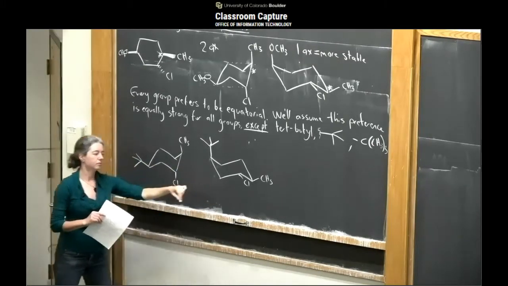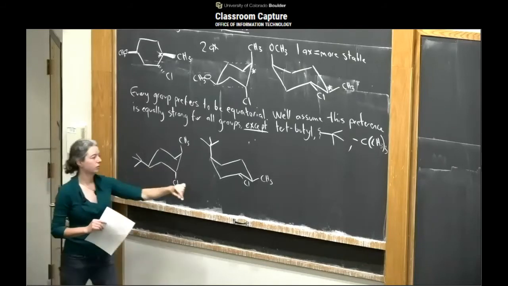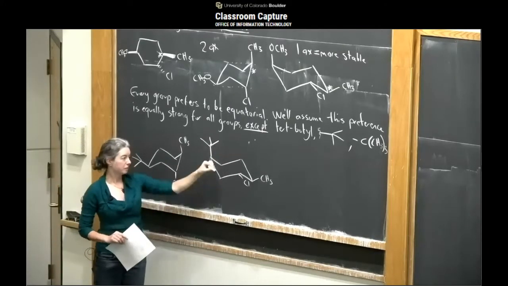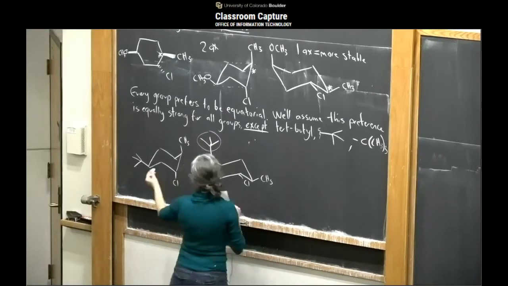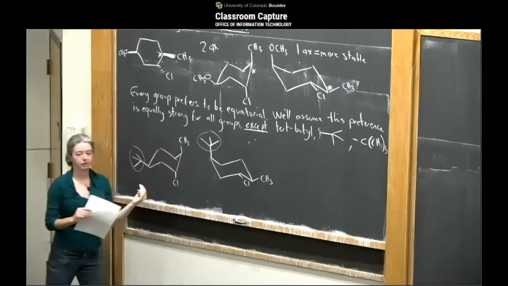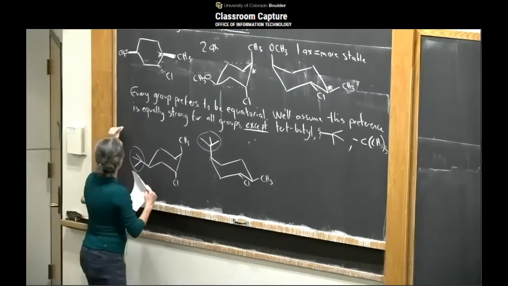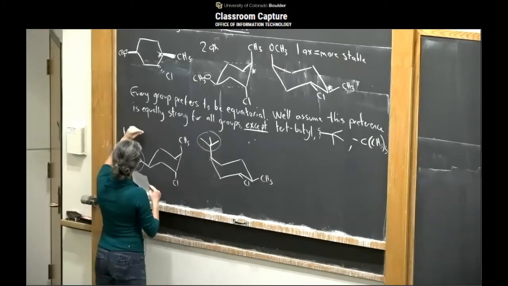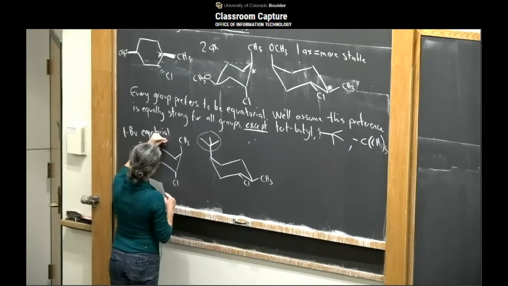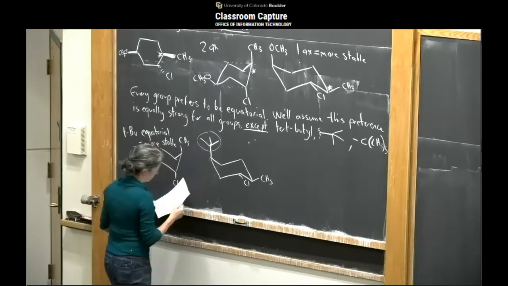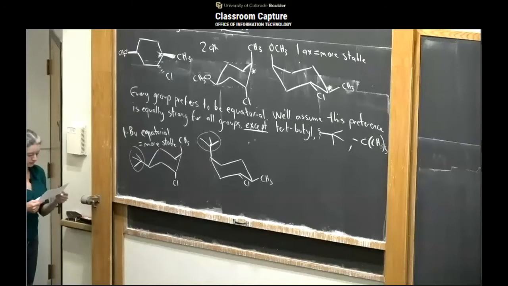Normally we would expect 1 group axial being better. But because that 1 group is terbutyl, that's the only thing that really matters here. So t-butyl equatorial is more stable. Okay, so questions about that so far?